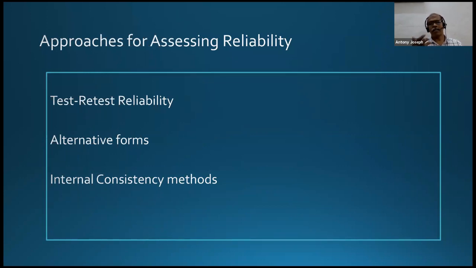Retest reliability simply refers to, first of all, you are testing a research instrument, that is, collecting data from a set of respondents and analyzing the data. Then you go for another set of random samples. Then you go for one more set of random samples. Then compare the results given in sample number 1, sample number 2, and sample number 3.